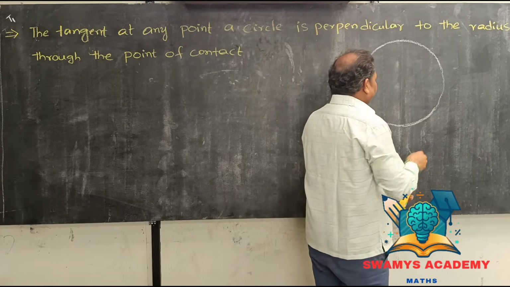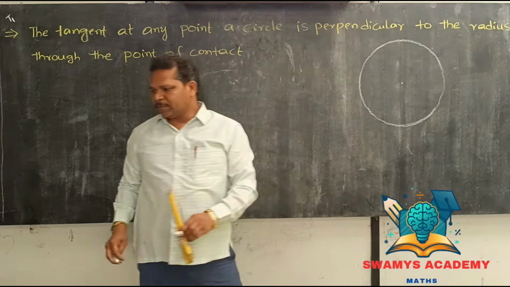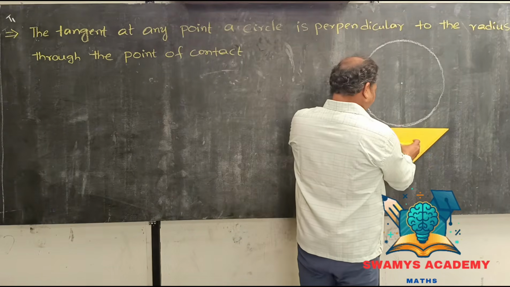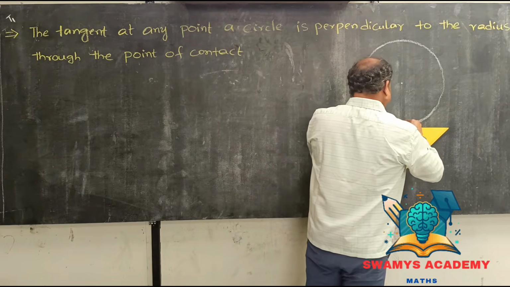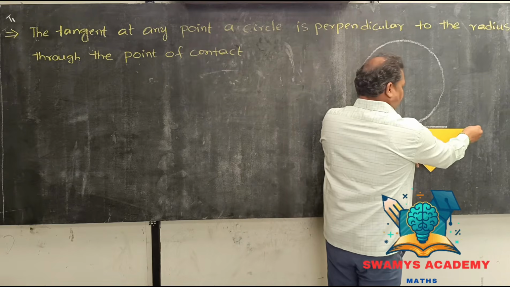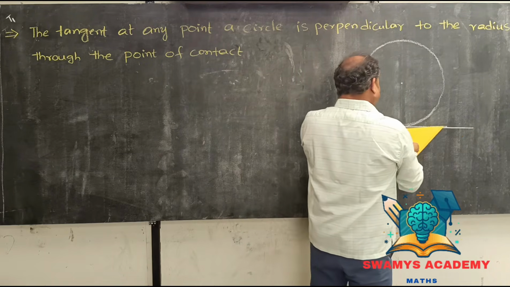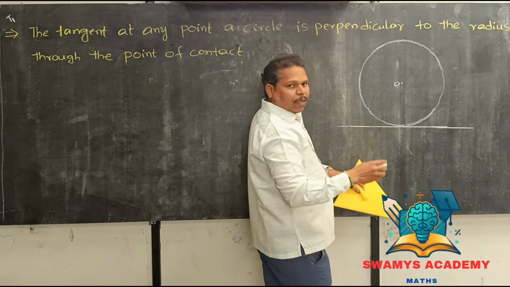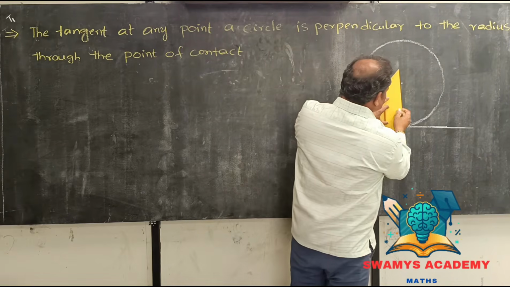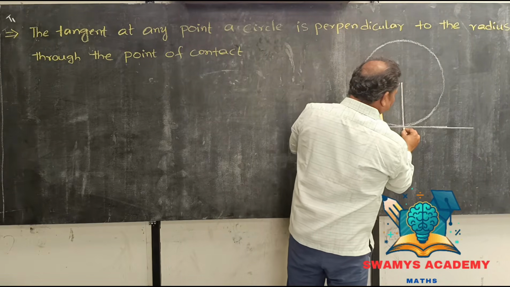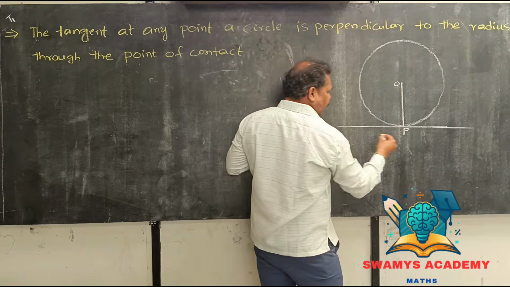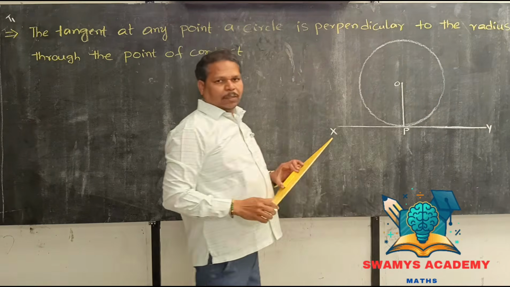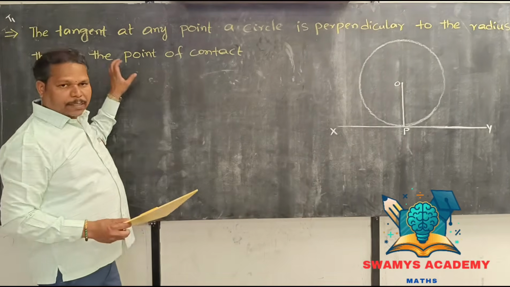We need to draw a tangent to the circle, and the radius to the point of contact, named OP. OP is perpendicular to the tangent XY. This is the picture for the theorem statement.